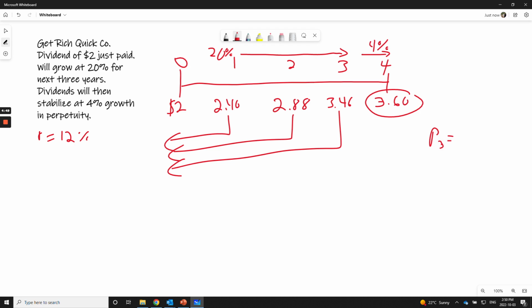Well, I'd be willing to pay the dividend at time 4 divided by R minus G. We've determined the dividend at time 4 is $3.60. R, we just determined, is 12%. G, we know, is 0.04 or 4%.